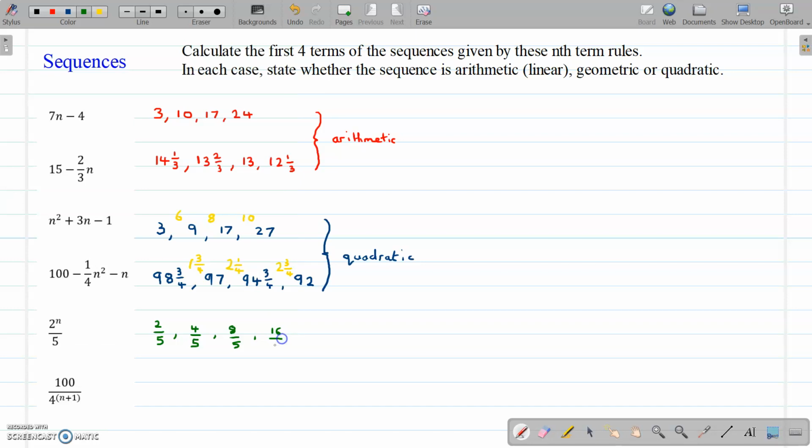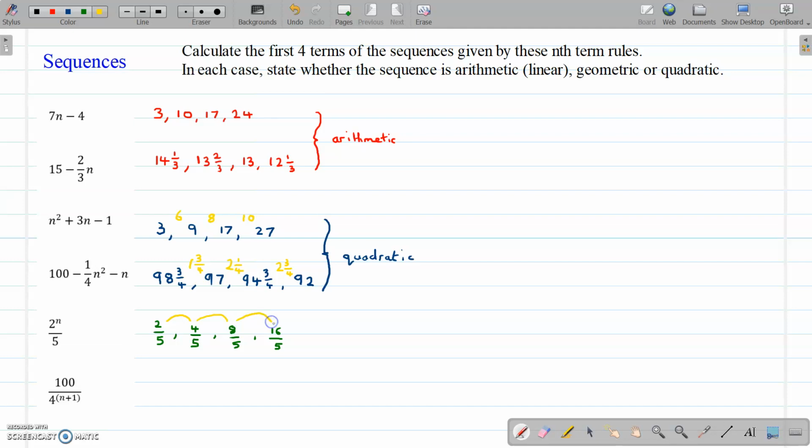Now hopefully you can see what's happening there. There isn't a common difference, but what we do have is a common multiplier between each pair of terms. So if we went from one term to the next, we're not adding something on, but we're multiplying. In fact, we're doubling the numerator each time.